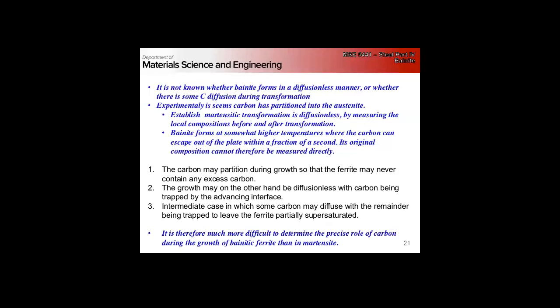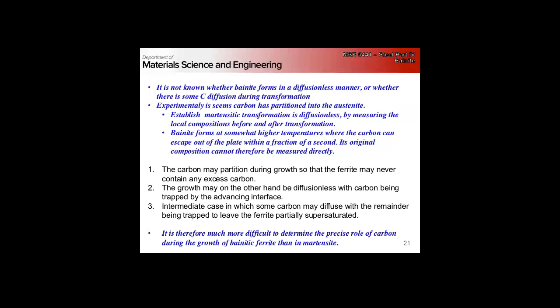So we know that carbon does partition into the austenite, right? It's really easy to establish this for martensite, because martensite happens so quickly, we cool down, we get martensite, we can measure the composition before and after the transformation and see that the carbon content is exactly the same.